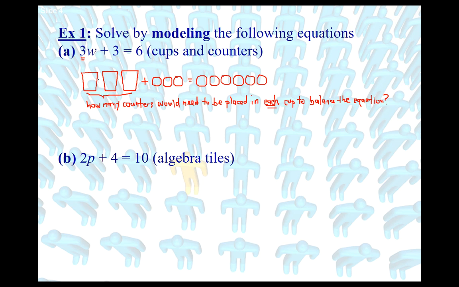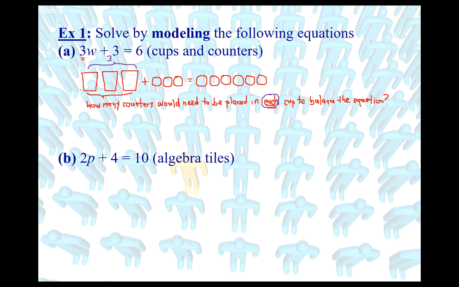Okay, so here's what we know. We have 3 mystery cups, but we also have 3 counters on this left-hand side. So whatever's in the mystery cups, they have to add up to 3 to give you the right side of the equation. So what plus 3 would be equal to 6? Well, it'd be 3. So I know in total, I'm going to have to put 3 counters into all 3 of these cups. But it's asking me how much goes into each one cup.